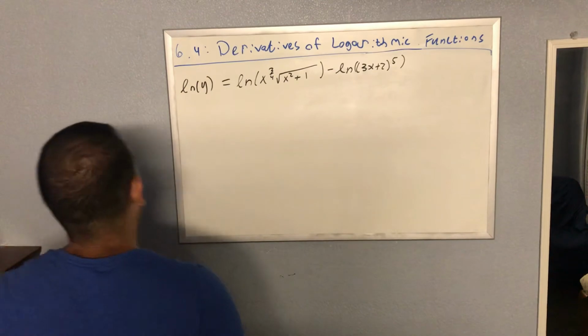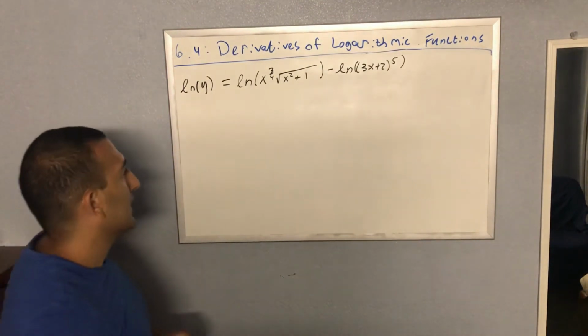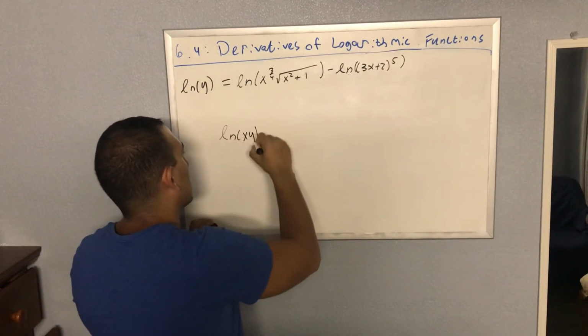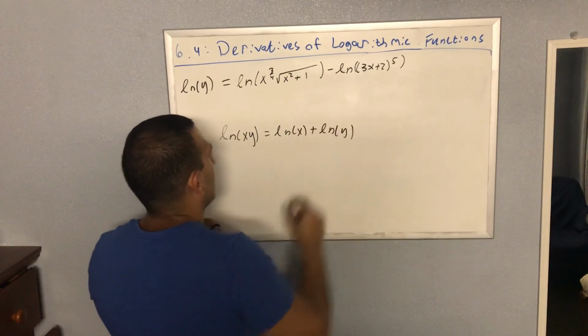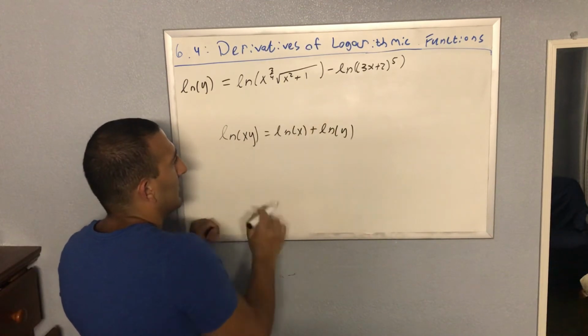Now we can actually use more properties of the logarithm to make this even easier. Remember, the ln of x times y is the ln of x plus the ln of y. So this is like x in this case, and this is like y.